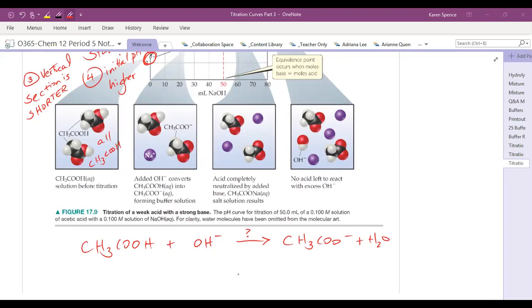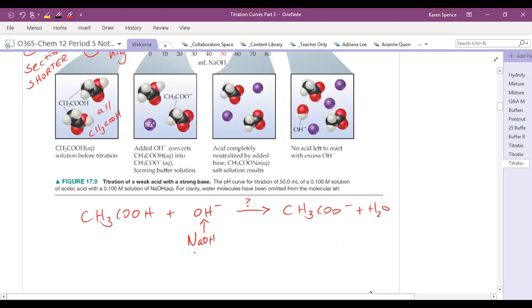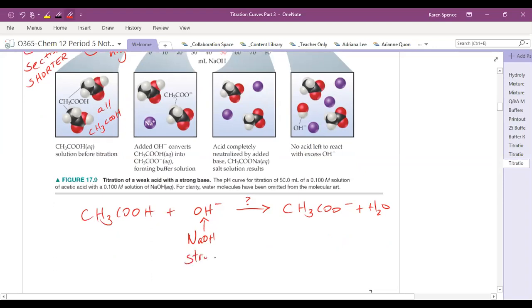Remember that the OH is coming from NaOH. And what type of base is NaOH? It is strong. And if it is strong, it's going to drive that reaction to completion.